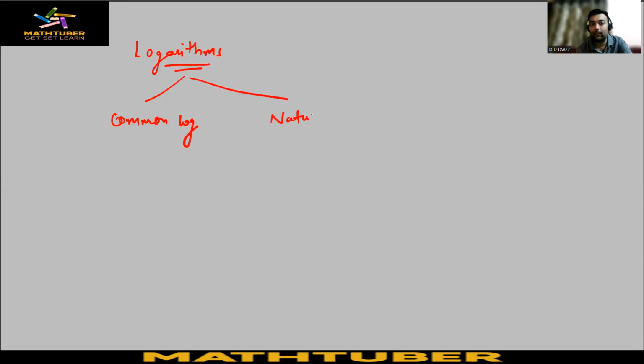So today we are going to start with logarithms and the questions based on the properties of logarithms. Basically, logarithms are of two types in maths. First is common log, and the second one is natural log.